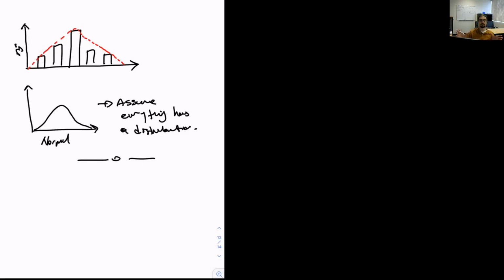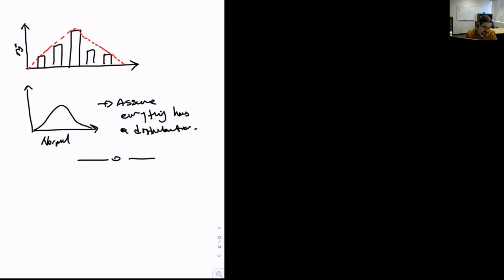So let's assume for now that you know the entirety of the population. Let's say you measured all the ball bearings in that bag that we've been talking about, and you're able to measure every single ball bearing there. Therefore, you have access to the entire population.